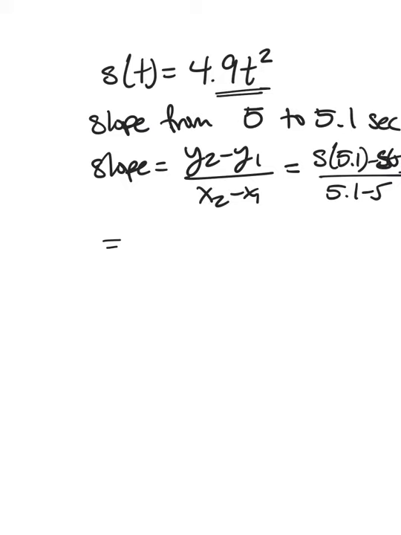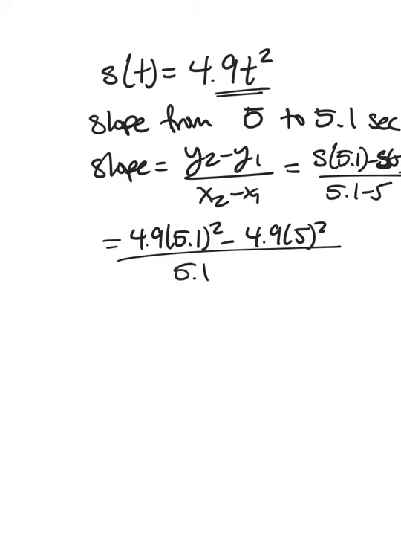So 5.1 is going in for t squared. You're going to have 4.9 times 5.1 squared minus 4.9 times 5 squared. Those are your two things you're going in for t, over 5.1 minus 5. Again, that's your y2 minus y1 over x2 minus x1. So solving that, you get 49.49 meters per second total.